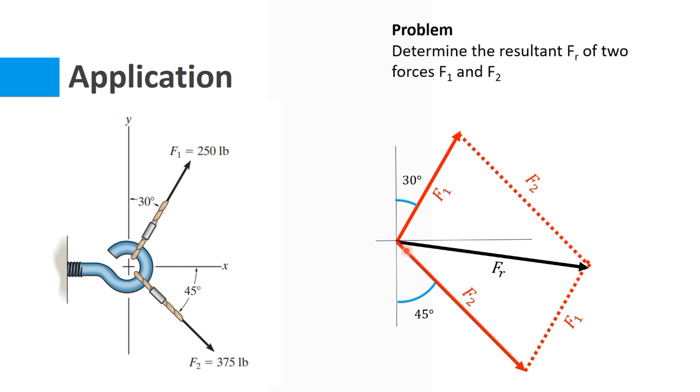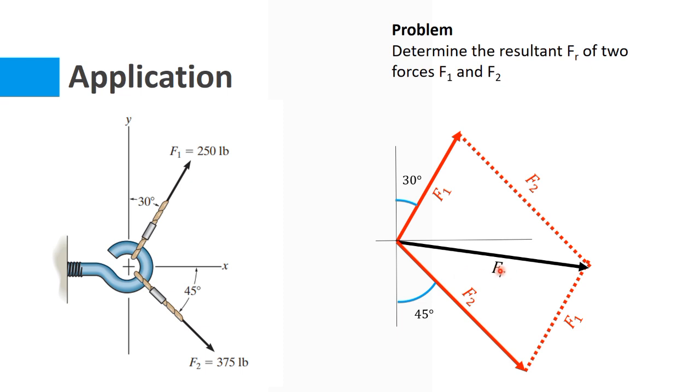So it means that in both triangles, we know the lengths of two sides. If we are able to find the length of the third side, it would be the magnitude of the resultant force. And if we are able to find the angle of inclination of that black line which shows the resultant force, we will properly define the force Fr, its magnitude and its direction.